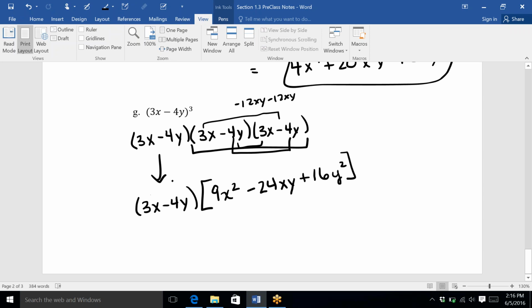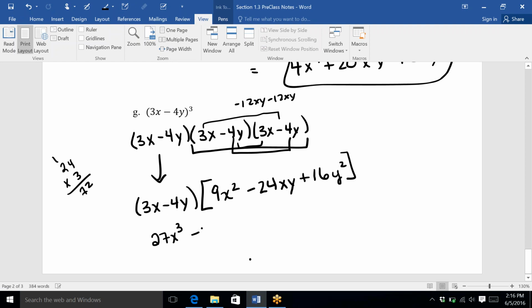We still need to distribute the 3x times everything and then the 4y times everything. So if we do 3x times 9x squared, that would be 27x to the third. 3x times negative 24xy. So we need to know what is 24 times 3. I don't have my calculator with me, so we're going to do it old school. 72.